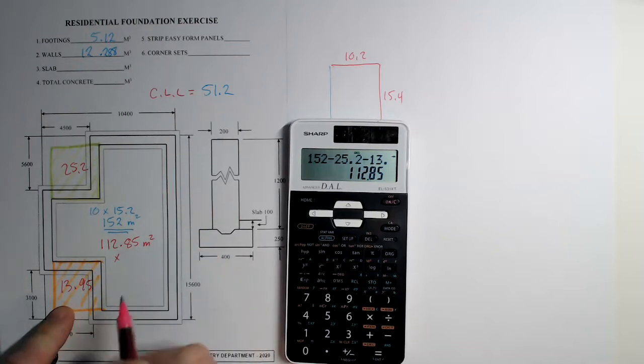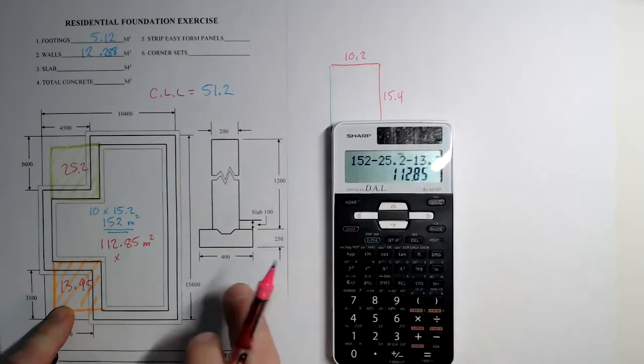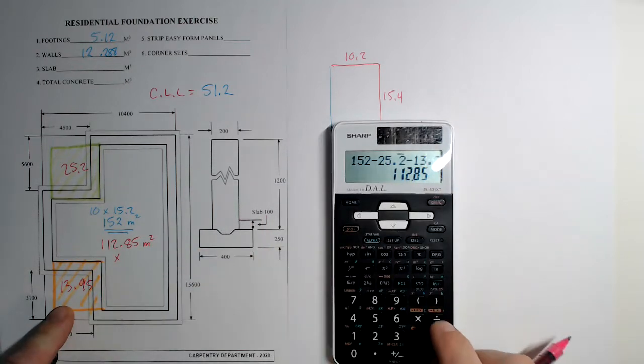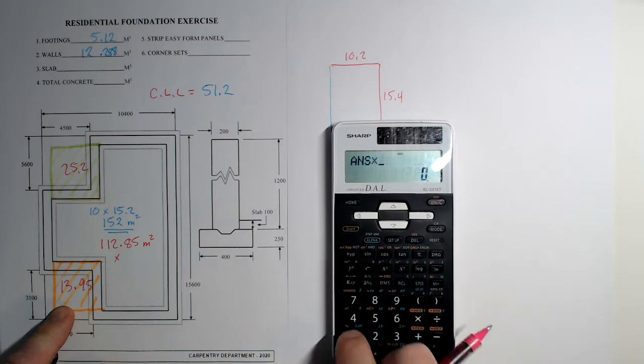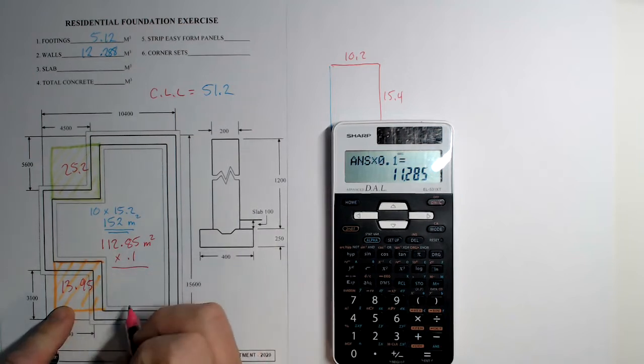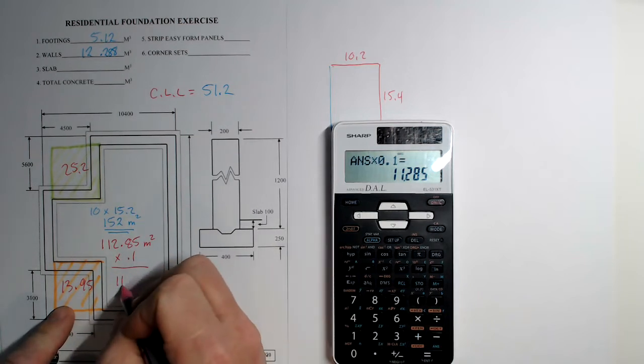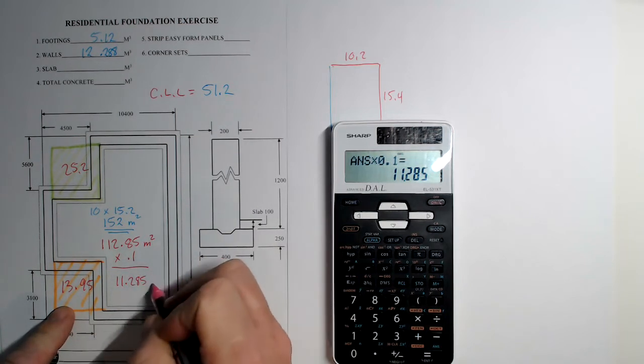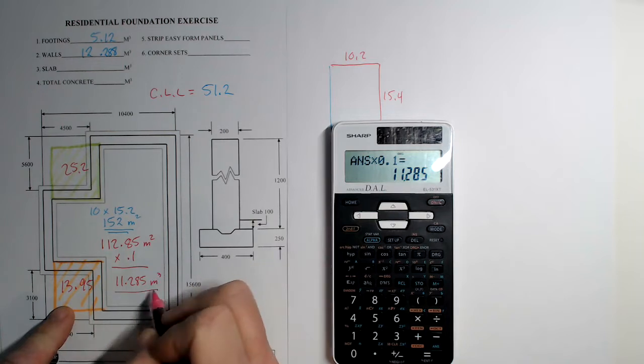Now all we have to do is multiply that by the thickness of the slab, which is 0.1 or 100 millimeters. That gives us a volume for a basement slab of 11.285 cubic meters.